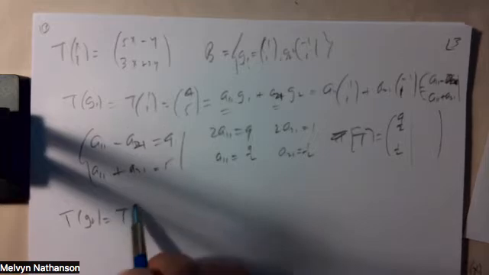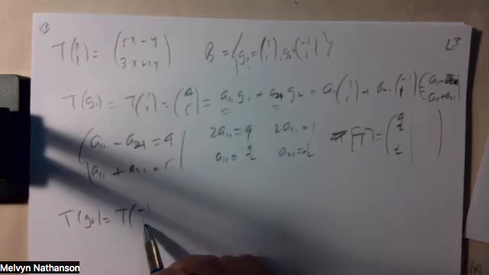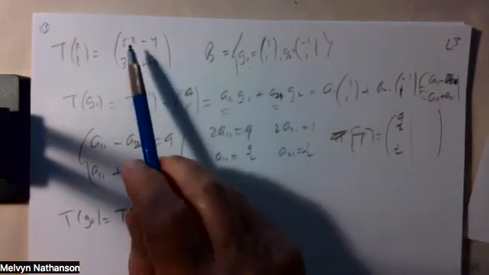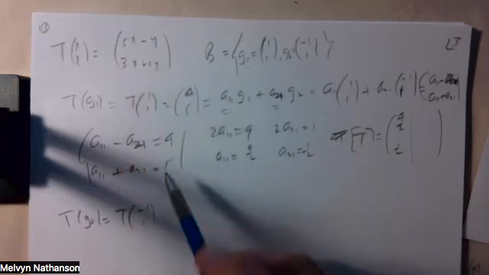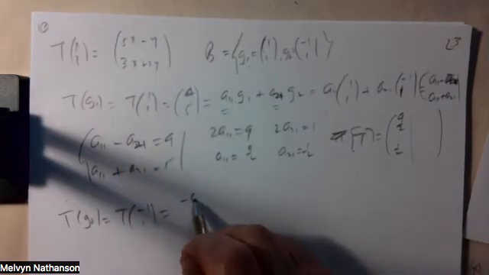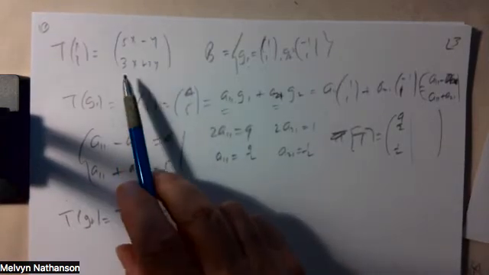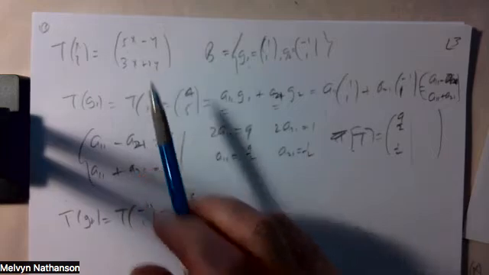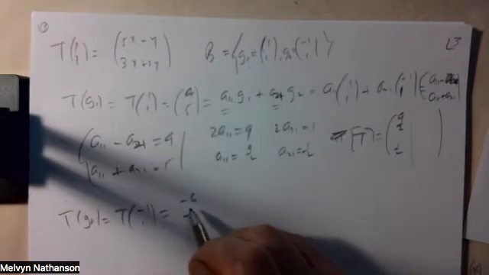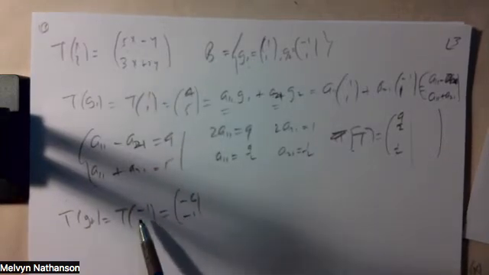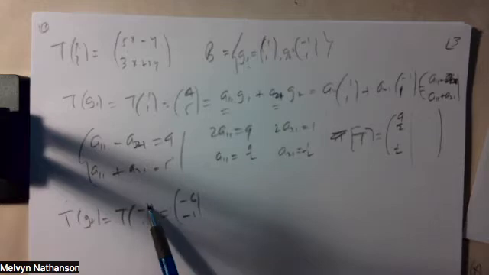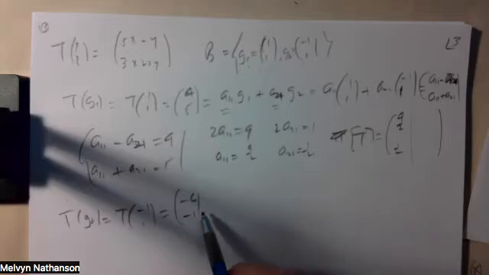So that's T applied to the vector (-1, 1). When x is minus 1 and y is 1, I get minus 5 minus 1 is minus 6. Minus 3 plus 2 is minus 1.